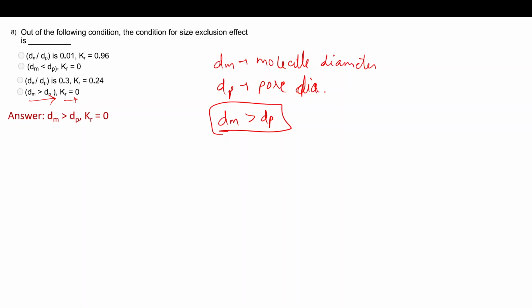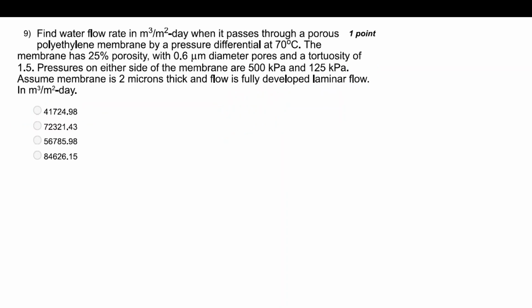Now the next question: find the water flow rate in meter cube per meter square day when it passes through a porous polyethylene membrane by a pressure differential at 70 degrees Celsius. The membrane has 25% porosity with 0.6 micron diameter pores and tortuosity of 1.5.